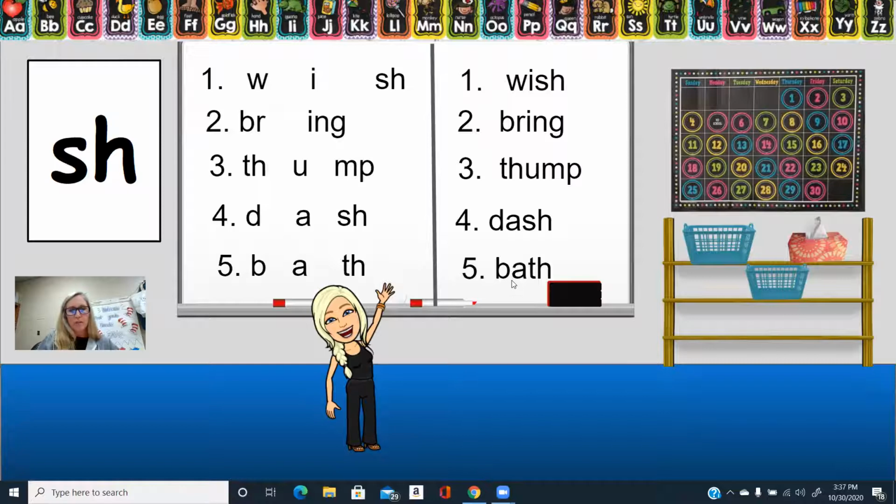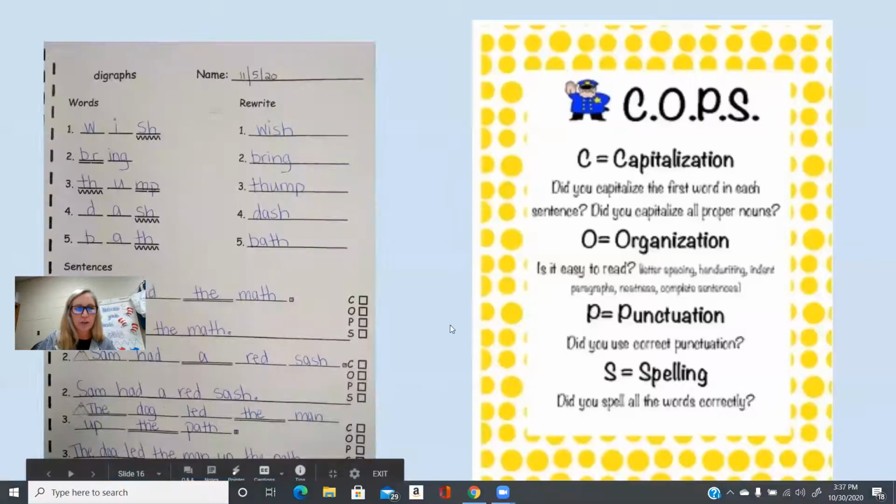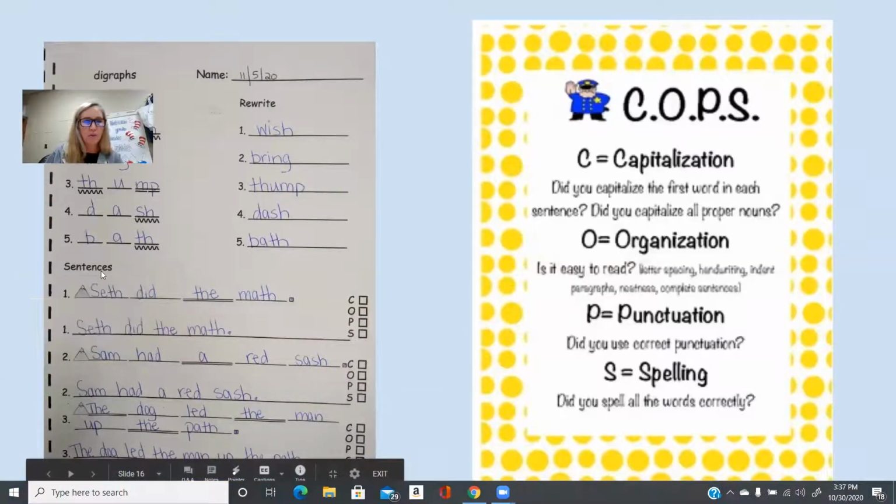Let's take a moment to read all of our words. Let's start at the top. Wish, bring, thump, dash, bath. Make sure you keep practicing those words. Now, we're not going to do the sentences today, but I encourage you to do those sentences at home. They are right here. Seth did the math.